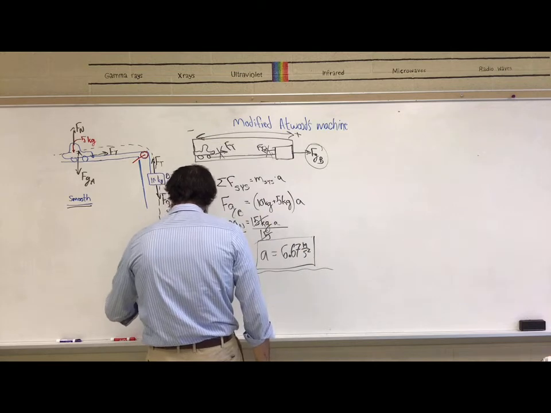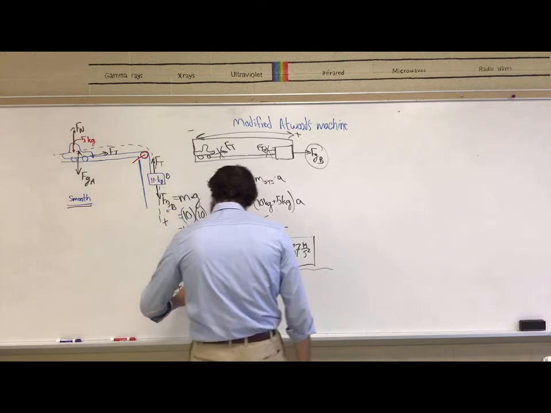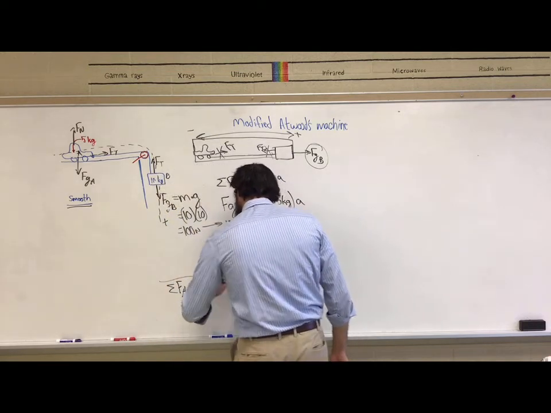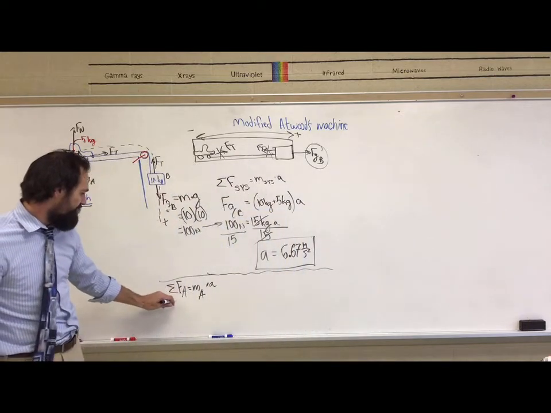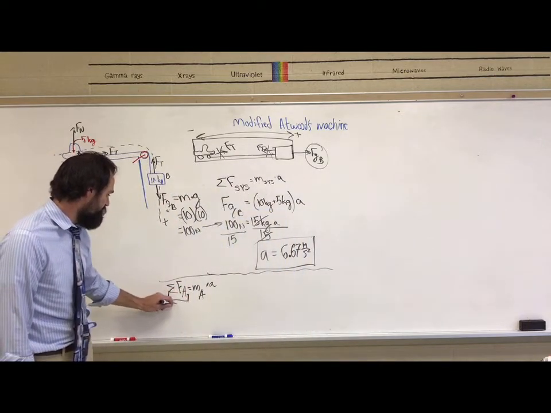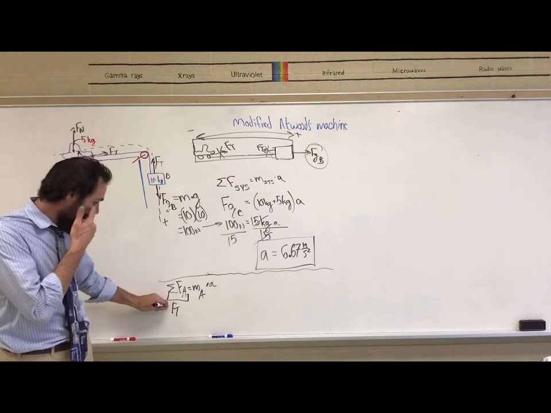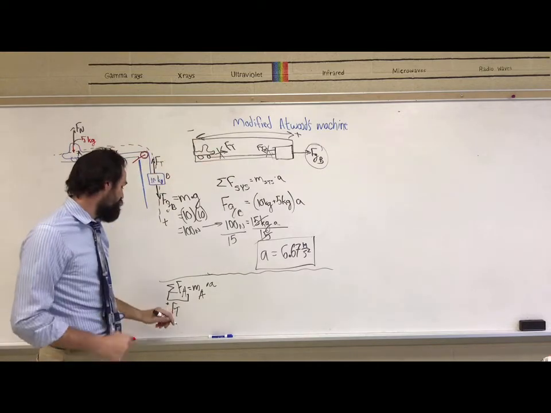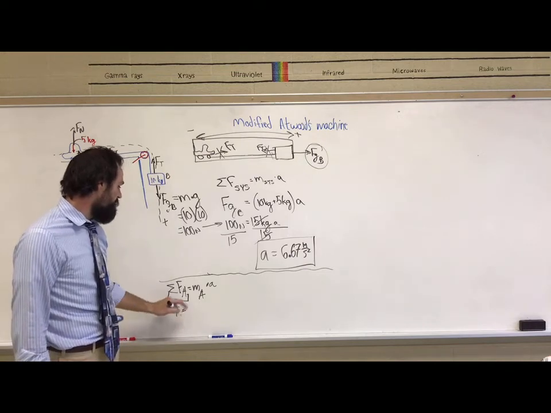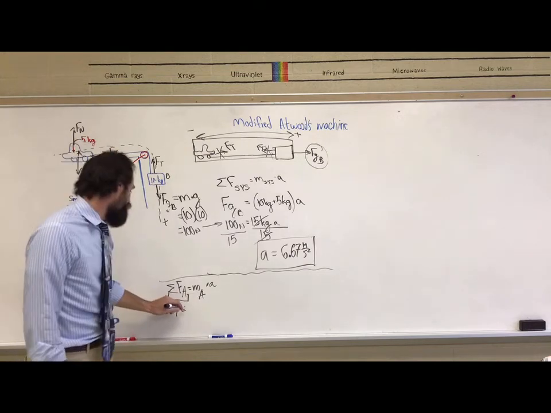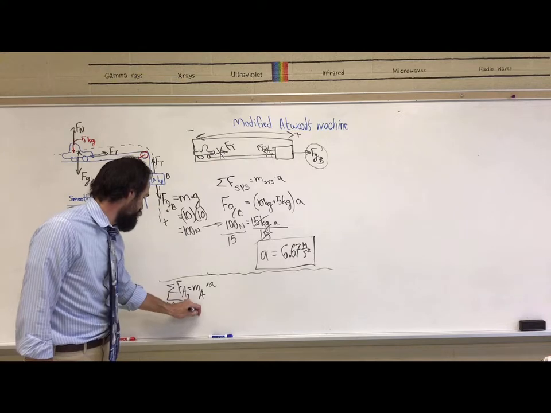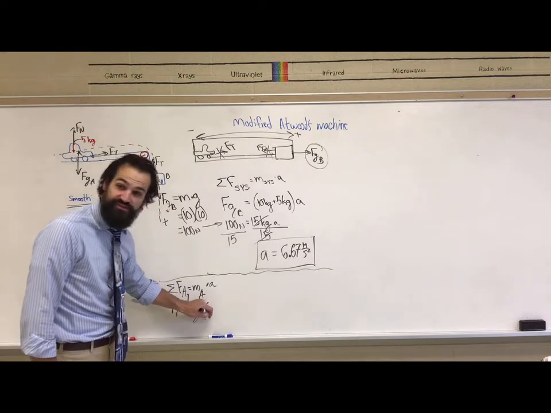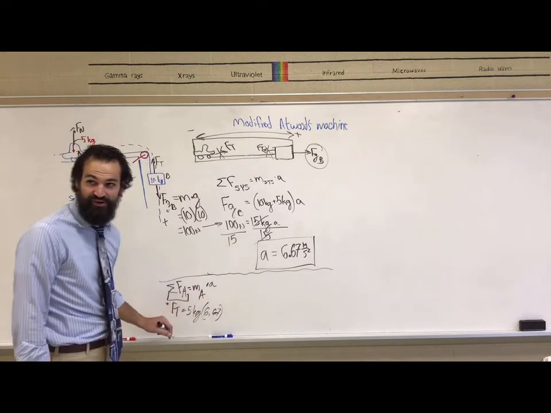So the net force of A equals the mass of A times its acceleration. The net force of A is tension, and it's going to be positive because it's to the right, and I chose any force to the right as being positive. So positive FT equals 5 kilograms times our acceleration of 6.67 meters per second squared.